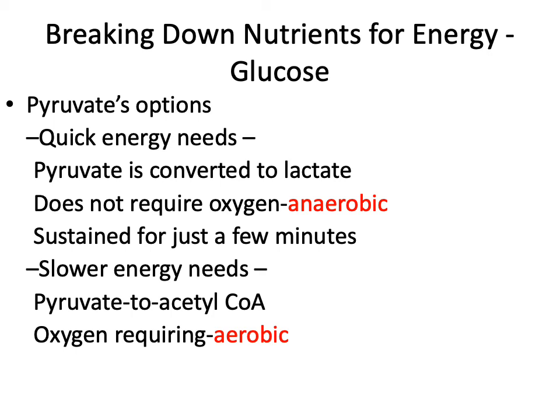So eventually we have to go to sending the pyruvate through the TCA cycle via acetyl-CoA. And that again is an aerobic process requiring oxygen. This is a much slower process than glycolysis, so we produce much more energy that way. But if we need quick energy, the way to get it is through glycolysis.